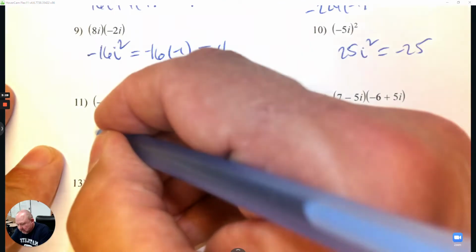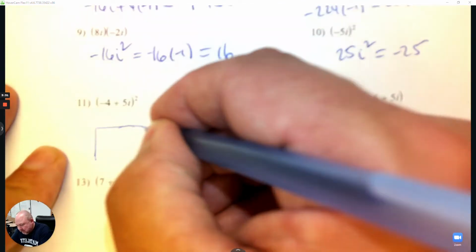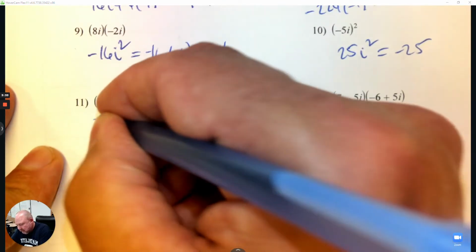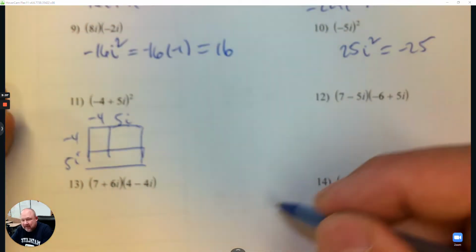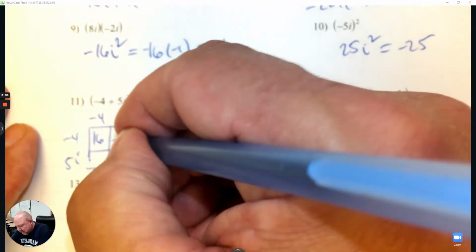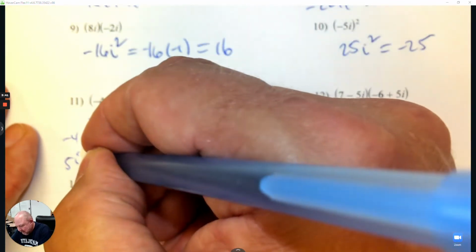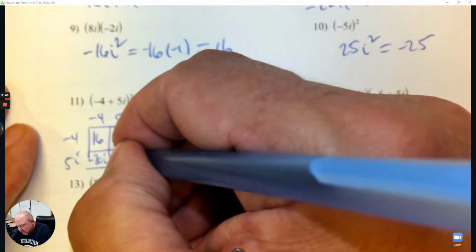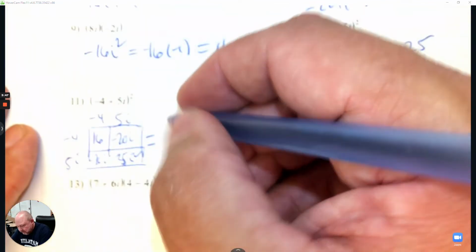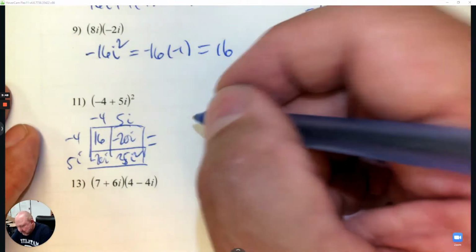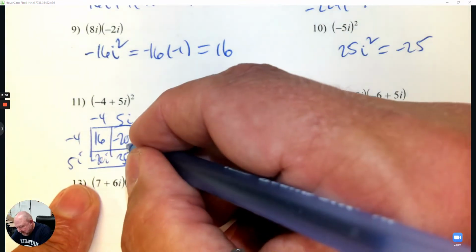All right, next level. Here we're going to FOIL. So I think most of you are comfortable drawing a box, so I'll draw a box. -4, 5i, -4, 5i, and then I'm going to multiply it through. So 16, -20i, -20i, and 25i squared. I'm going to combine like terms. So I have -20 and -20.